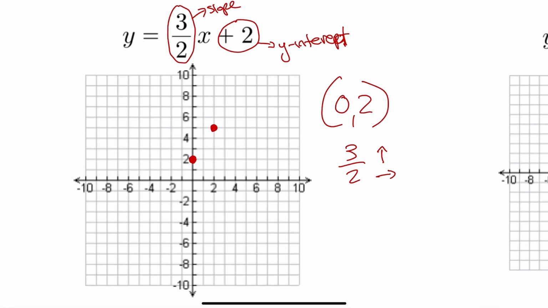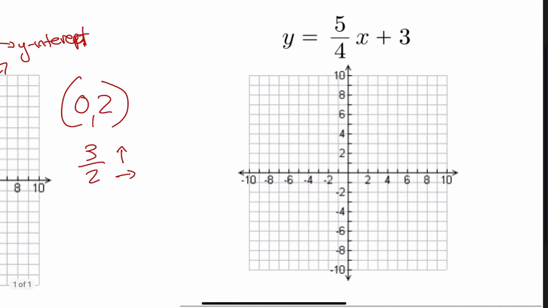I'm going to do that one more time because I need 3 points. So I'm going to go up 1, 2, 3 over 1, 2 right here. All right. I got 3 points. Drawing a line. Boom. That is my graph. All right, next one.